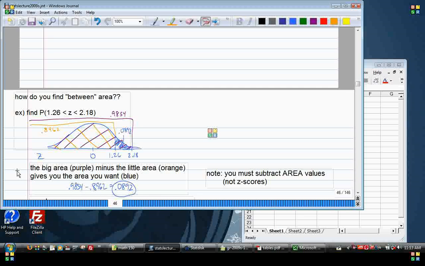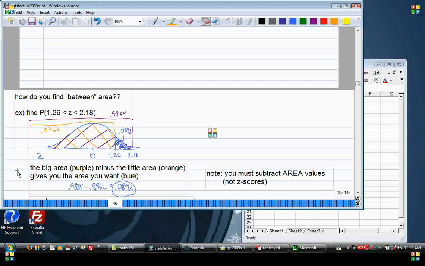Okay. So I want to get back, Elizabeth, to something that you said. Your first instinct was to subtract the z-scores, which is a reasonable guess, but it's wrong and it's a very common error. So I want to talk about it right now. So first of all, which values did we subtract? We subtracted 0.9854 and 0.8962.